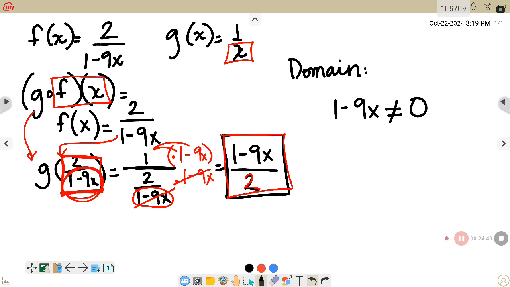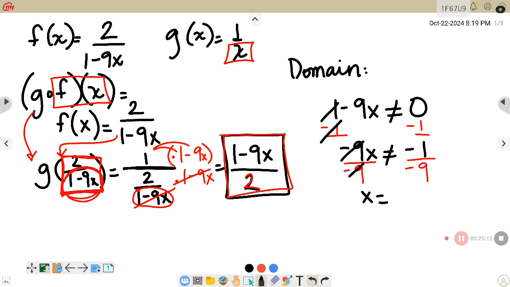And then we'll solve this for the x. So we'll subtract the 1 from both sides. So negative 9x cannot equal negative 1, and then divide by negative 9. So x cannot equal negative over a negative, which makes it positive 1/9.